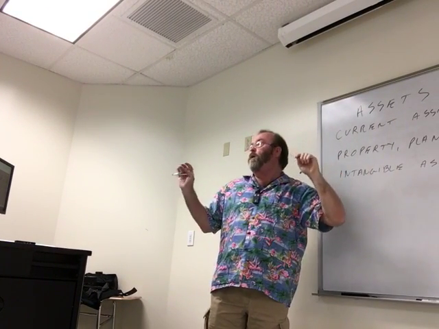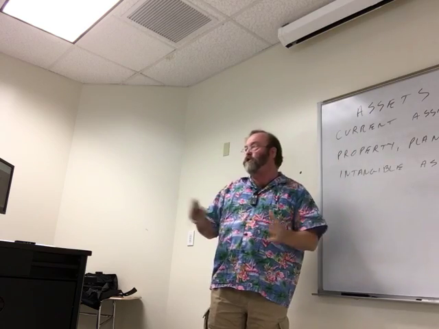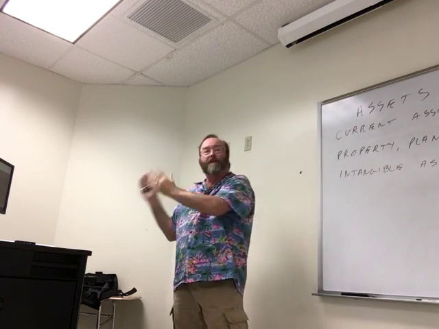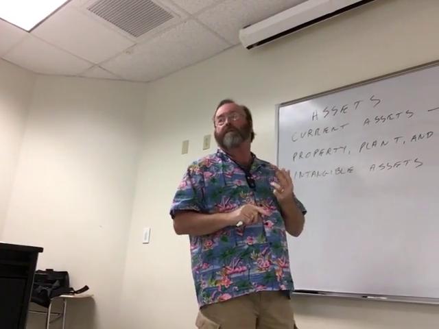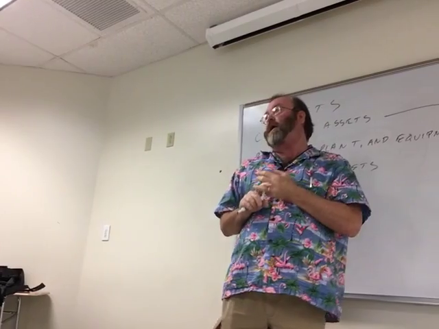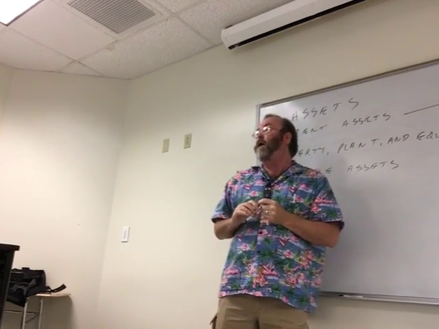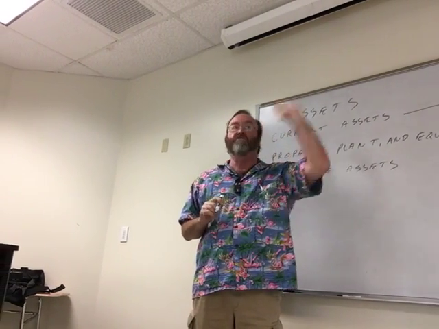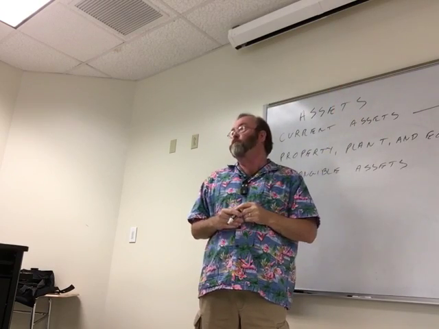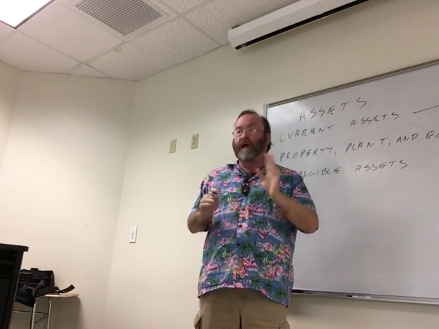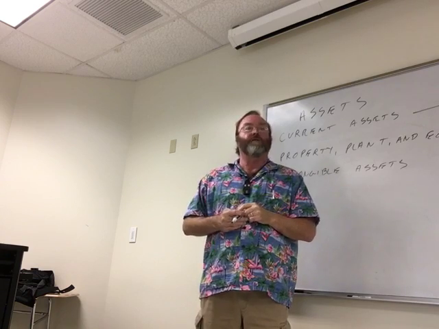And then I'm going to lower the screen, turn the projector on, and I'm going to show you an accountant's worksheet and then how to complete the multi-step income statement, the statement of retained earnings, and the classified balance sheet on an Excel spreadsheet, which is your Excel project that I will assign this coming week. That'll be due the week after we get back from spring break, so almost the end of October. You'll have almost a month to complete it.